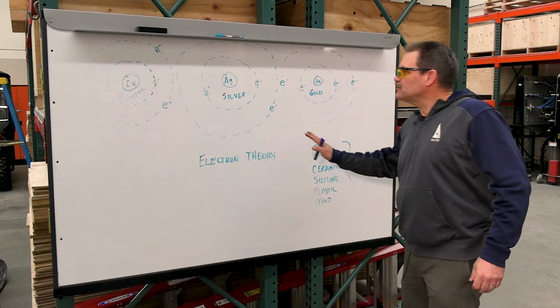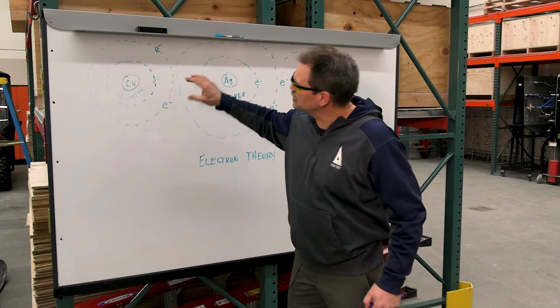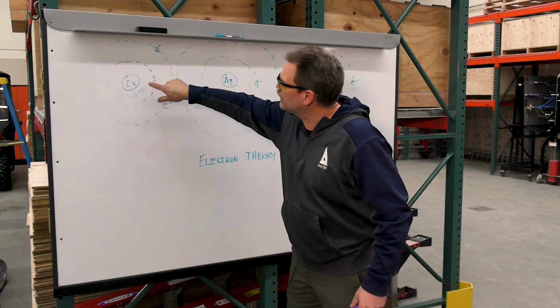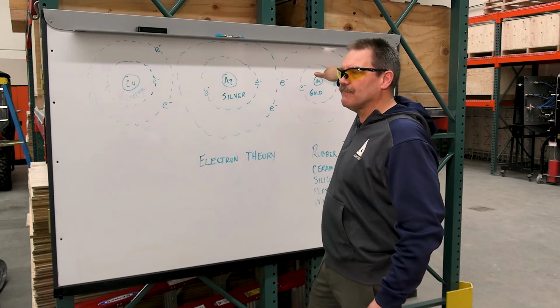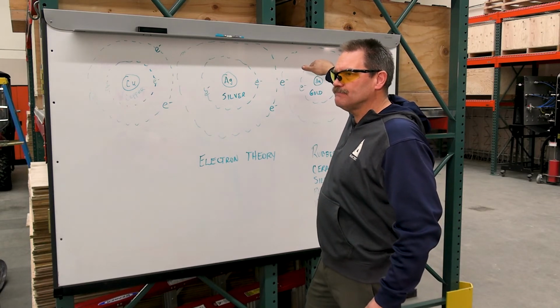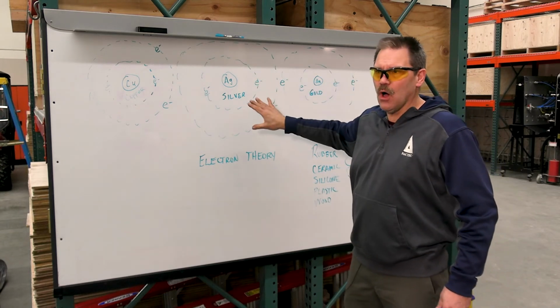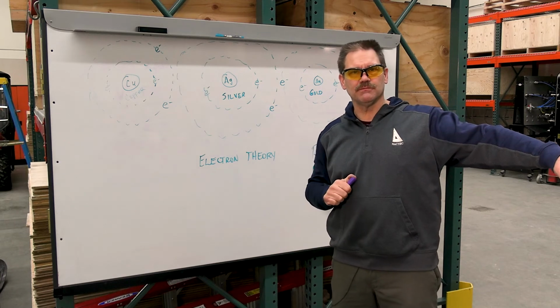All right, we talked a little bit about electron theory. This is about atoms and the electrons that are around the nucleus and how easily they move from atom to atom. Okay? That will lead to Ohm's law, and also what does it have to do with a small engine?